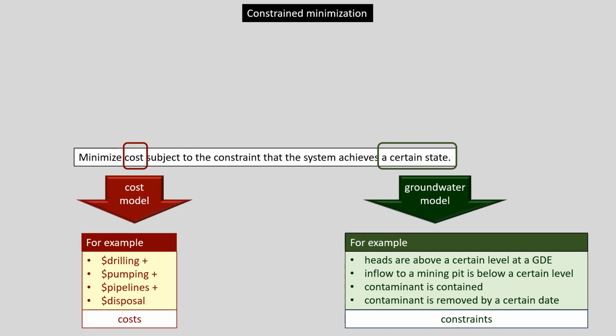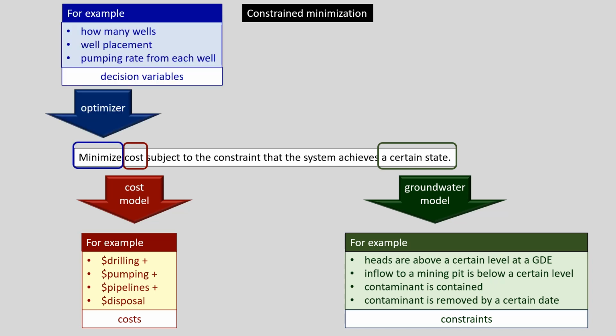Now, whatever we do is going to cost. And in the groundwater context, those costs will be drilling costs, pumping costs, pipelines, disposal, and other costs. These are just examples. They'll be calculated by a cost model. And then the management levers, the things that we choose that'll determine how much things cost, will be things like how many wells we drill, where we place those wells, how much we pump from those wells.